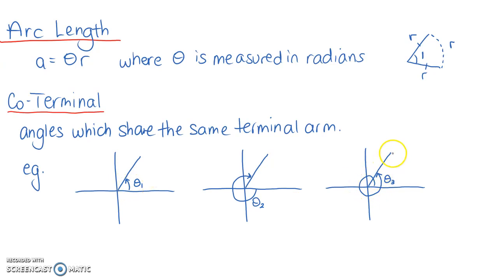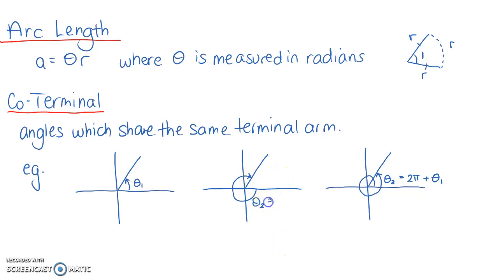We can also have multiple rotations with this little bit extra here that is equivalent. This also has the same terminal arm, but it has a different value for the number of rotations that it goes around. As you can see, if it goes around once, this is equivalent to 2 pi, one rotation, plus our first theta that we had there. This one here, because we're going negatively, 2 pi is all the way around. We're basically going from our angle and subtracting 2 pi off of it.